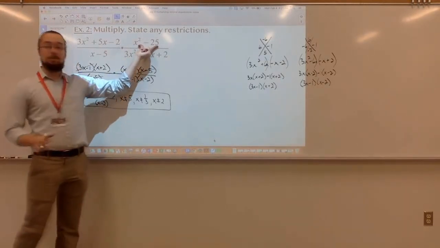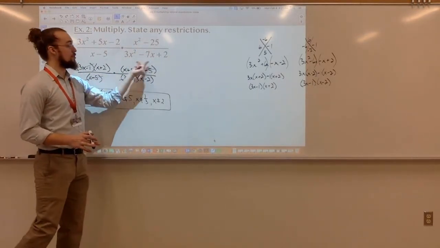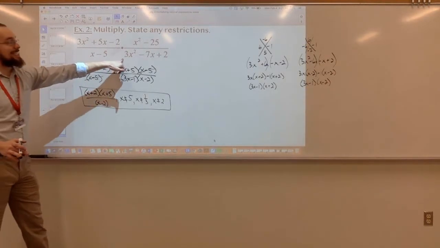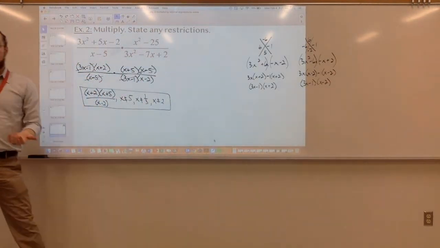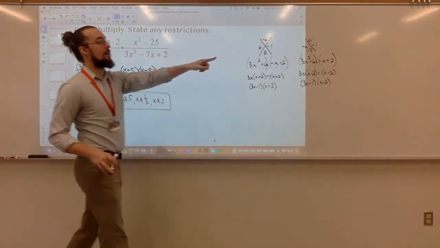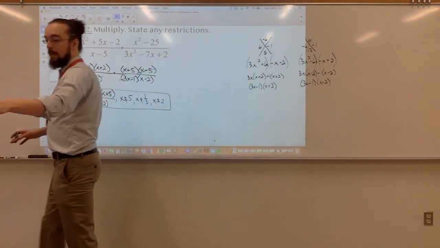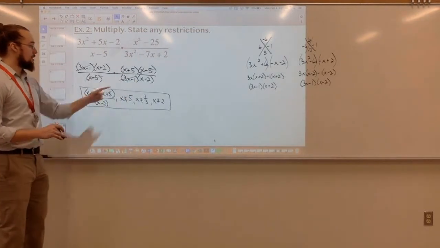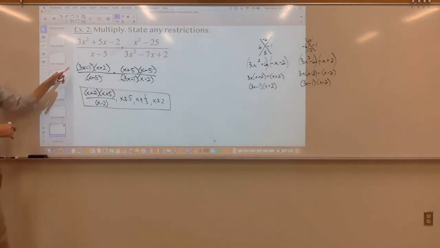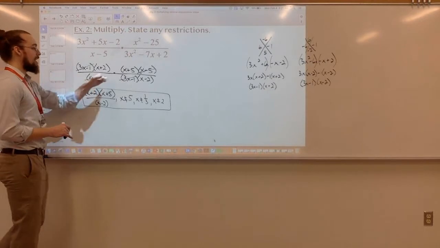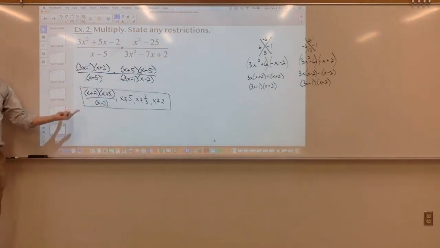Up here, this is a difference of squares, so x plus 5 and x minus 5. And then down here, again, I had to factor by grouping. So when I did that, I got 3x minus 1 and x minus 2. So I put that down here, and then I was able to cancel out my 3x minus 1s and my x minus 5s, and I was left with x plus 2 times x plus 5 over x minus 2.